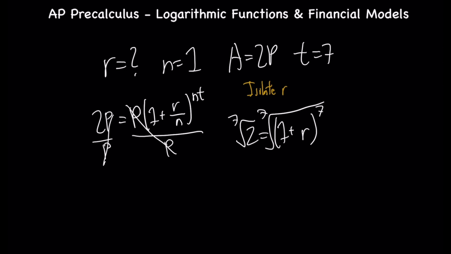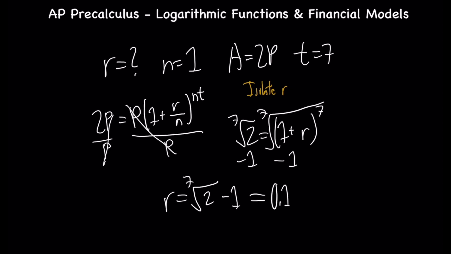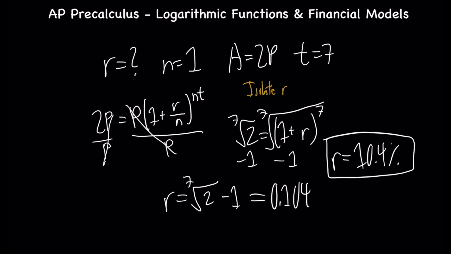So on both sides, take the 7th root, and you can subtract 1. Then you have your formula: r equals the 7th root of 2 minus 1. When you do the calculations, you will find that r equals 0.104 to be more exact. That means you have an annual rate of 10.4%. That's how you solve for it.